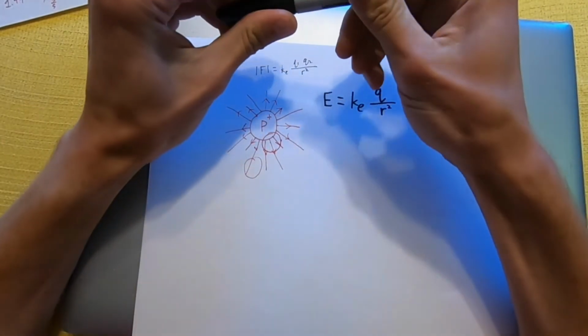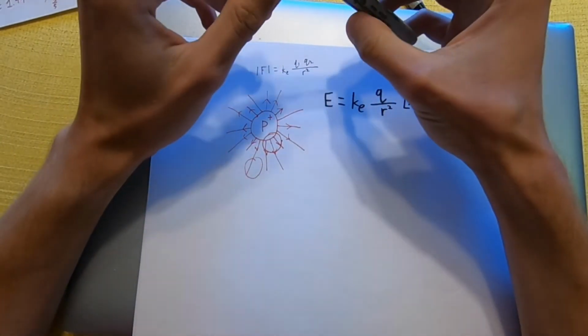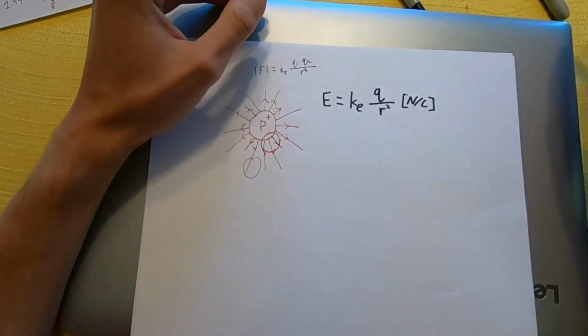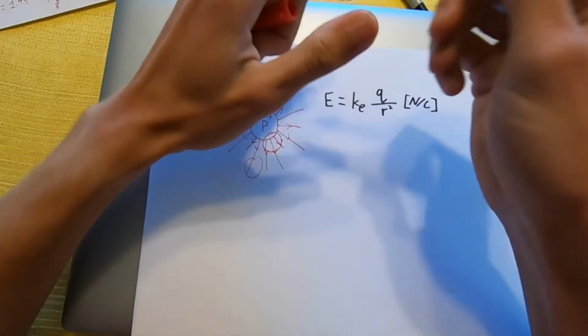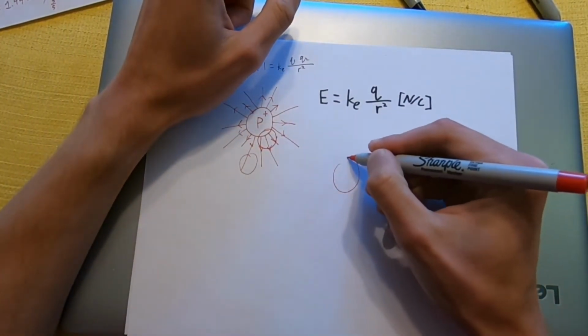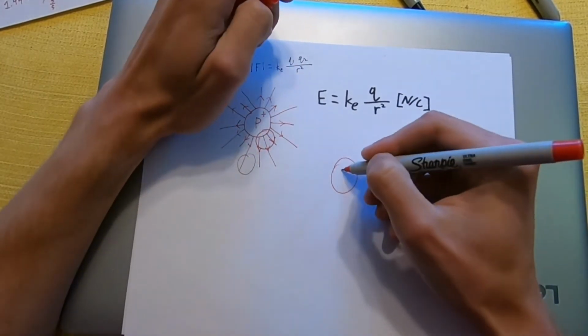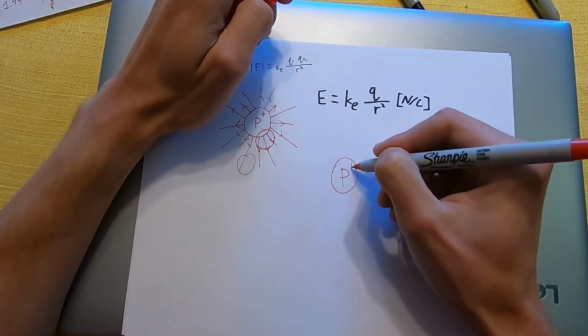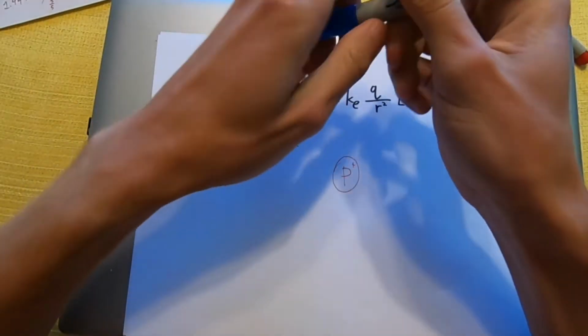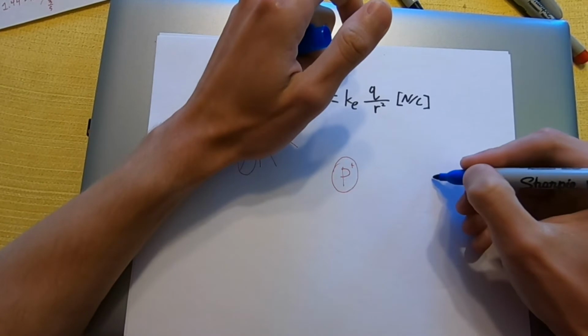Now, what if we had, let's say, 2 charges? So we'll draw a proton here. And we'll draw an electron here. These aren't necessarily to size.